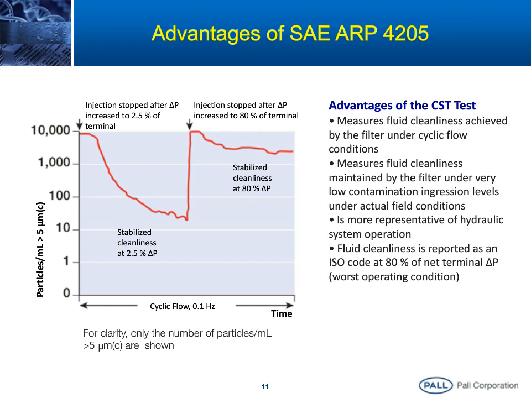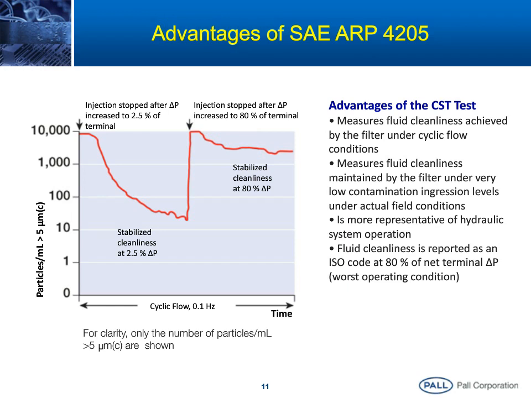Typically, the filters are able to clean up better, that is to lower counts, at 22.5% delta P compared to the 80% delta P when the filter is under greater stress. Therefore, an inferior quality filter will be more easily identified under the cyclic flow and pressure conditions of the test.